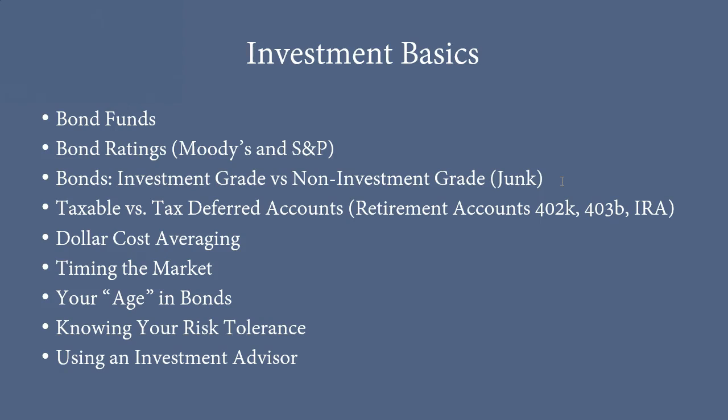And why only 25%? When you're young, you have a lot of time to ride out all the ups and downs. But as you age and get closer to the point in time where you're going to start pulling that money out and using it for day-to-day expenses, you're going to want to reduce some of that volatility. So let's say now you're 50 years old. You're going to want 50% in bonds and 50% in stocks.